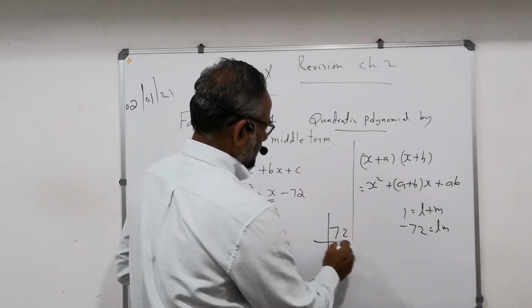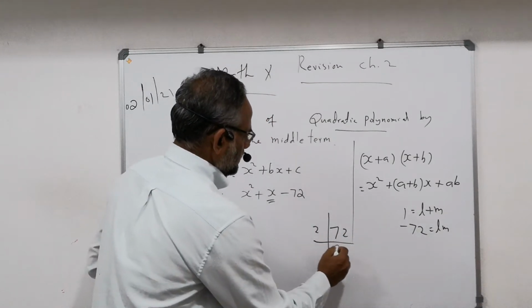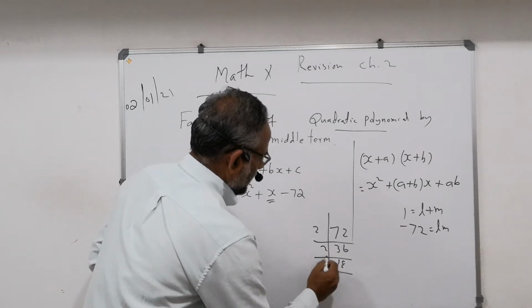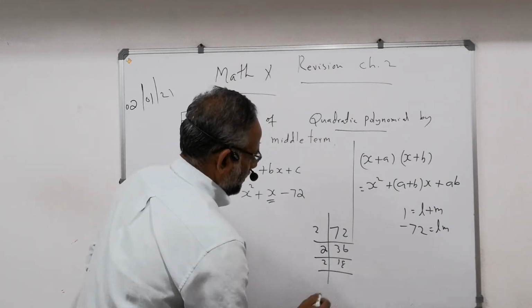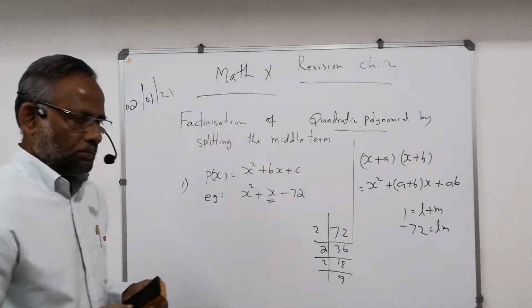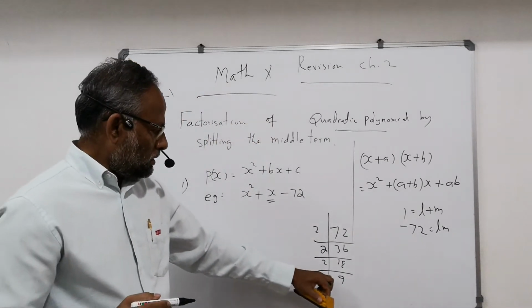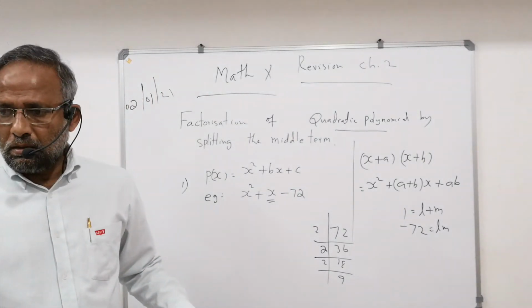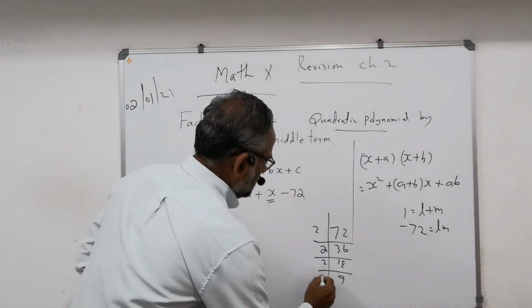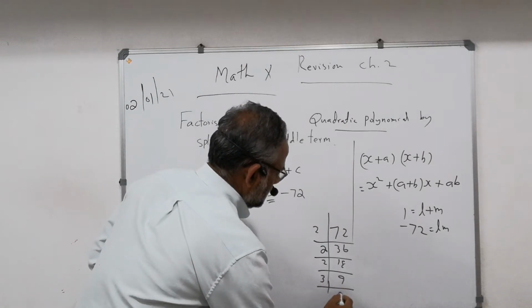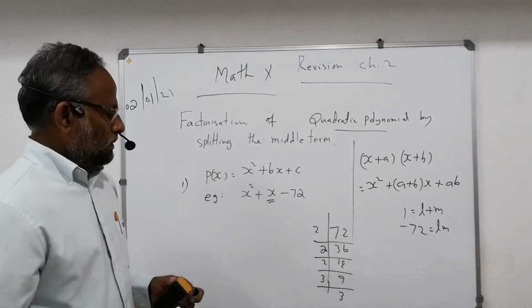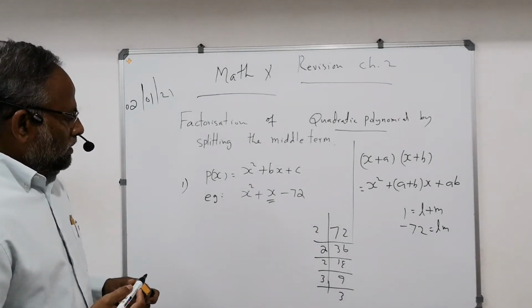Okay, sir. Factorize 72. 2, 36. 2, 18. Again 2, 9. That means prime factors, I am talking about prime factors. Now we cannot divide by 2. Which is the next prime number? Okay, 3. 3 3s are 9.